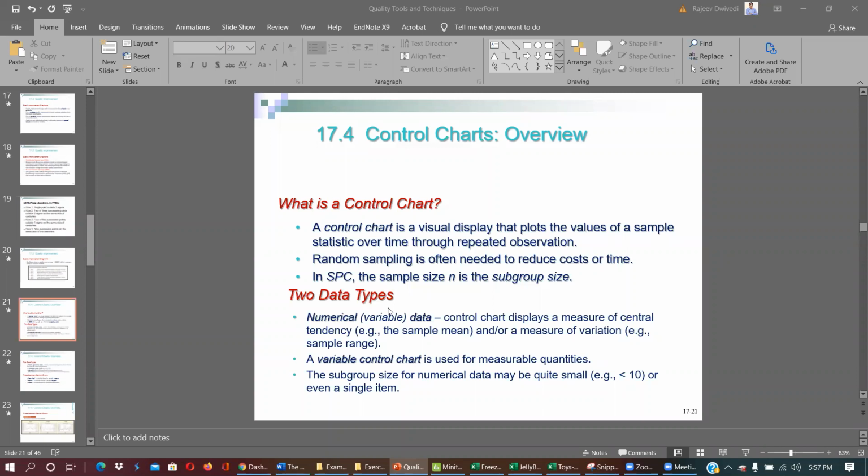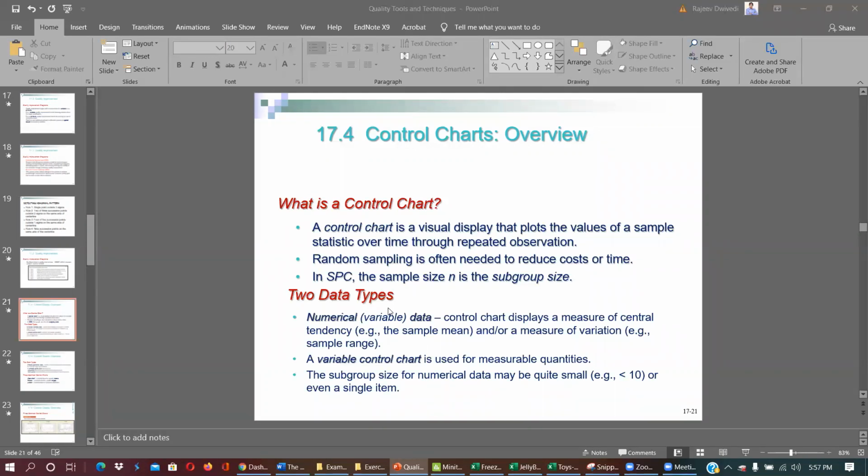So basically, if any production is happening, let's say on an assembly line, somebody is manufacturing, let's say, a very small product. They want to see that their production process is in control, or the product is coming as per the dimension, as per the specification. How can they check whether there is a variation in the production?